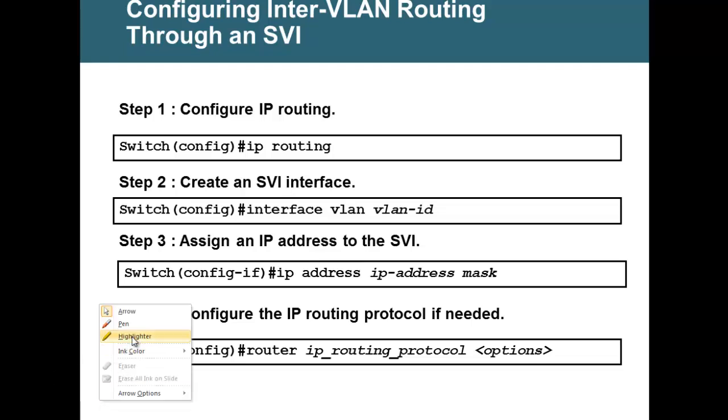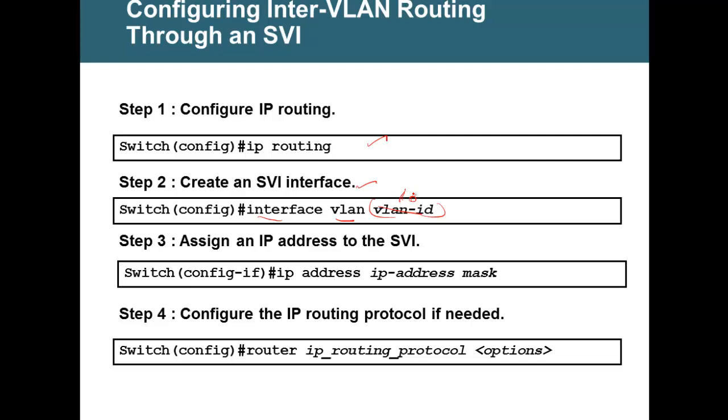In the global configuration mode, you type ip routing and you create the SVI. How? Interface VLAN. This is a command, 10. VLAN ID is what? 10 for us. Give an IP address with subnet mask. You can also enable a routing protocol if you want.